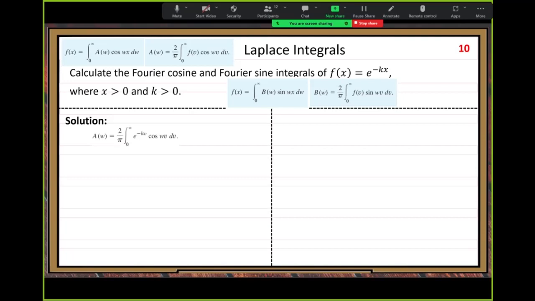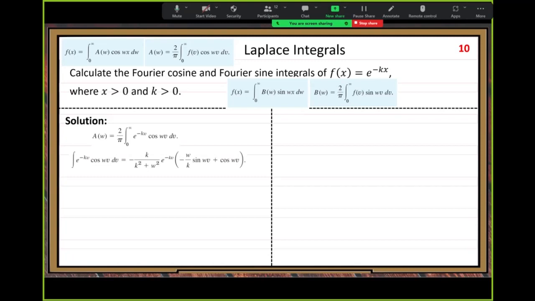To calculate the function A, plug in the function. We want to calculate this integral using integration by parts. Even though we have infinity, from 0 to infinity, we can use the limit way to calculate integration by parts.